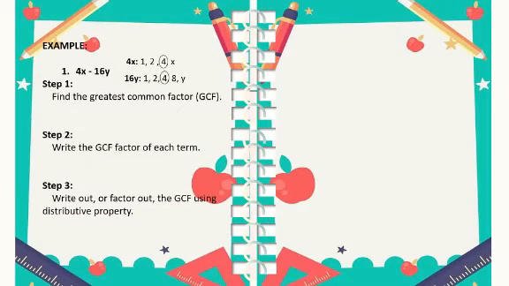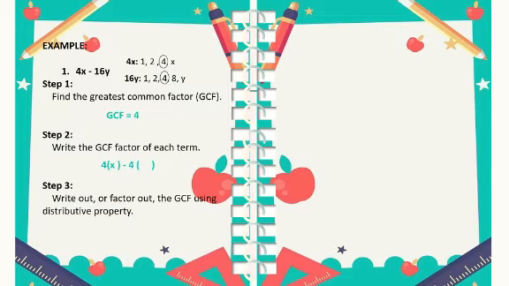So, number 1, we have 4x minus 16y. Here are the factors of 4x: 1, 2, 4, and x. In 16y, we have 1, 2, 4, 8, 16, and y. Our GCF now is 4. Write the GCF factor of each term. The factor is 4. To get the factor of 4x, we divide 4x by 4 to get x.